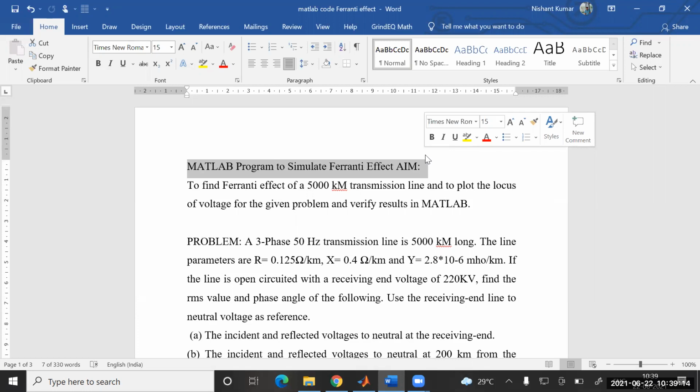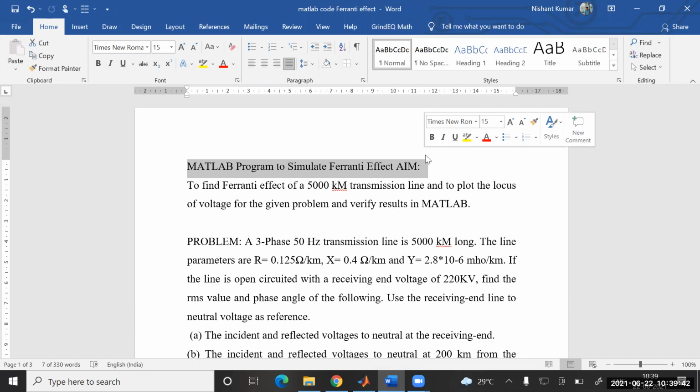So the problem is a three-phase Hertz transmission line of 5,000 kilometers long. The line parameters are: R is given as 0.125 ohm, X is given as 0.4 ohm, and Y is given as 2.8 times 10 to the power minus 6 mho per kilometer. This data is given to us.